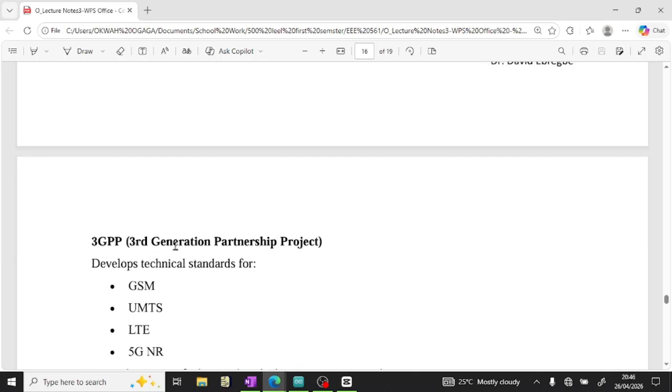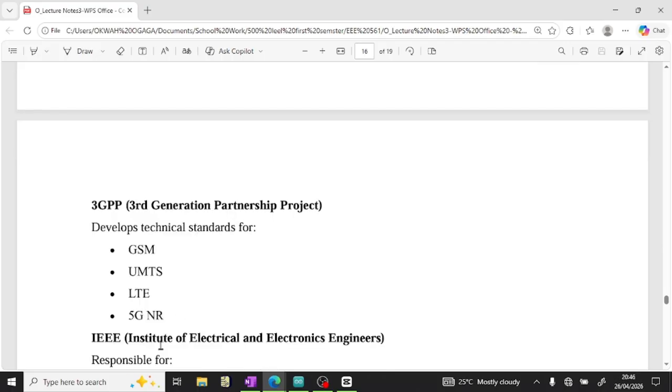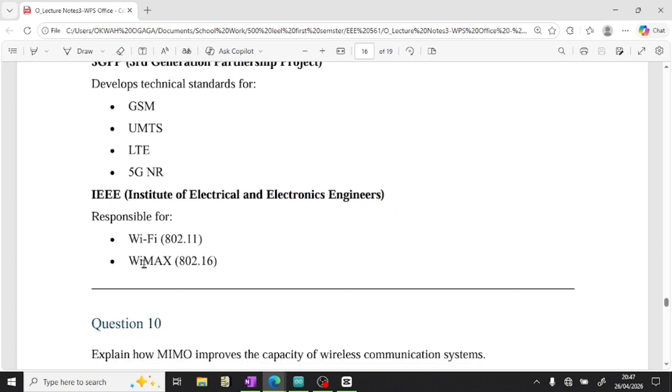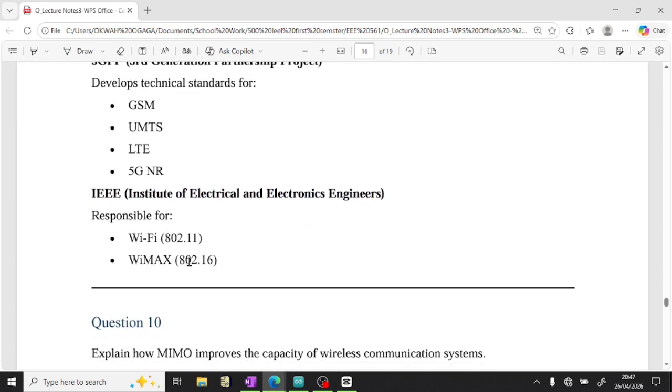Okay. But the Third Generation Partnership Project is another body. Okay, so what they do is develop technical standards for what? GSM, UMTS, LTE, and then 5G NR. Of course, we also have the Institute of Electrical and Electronics Engineers, and they are responsible for what? Wi-Fi and WiMAX.